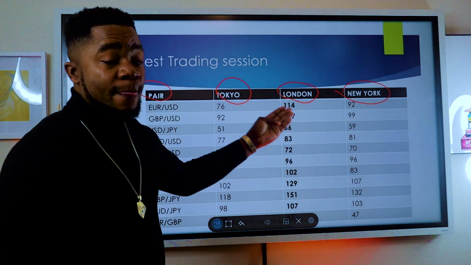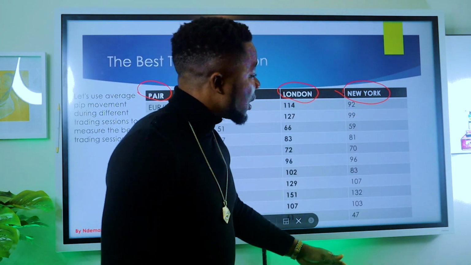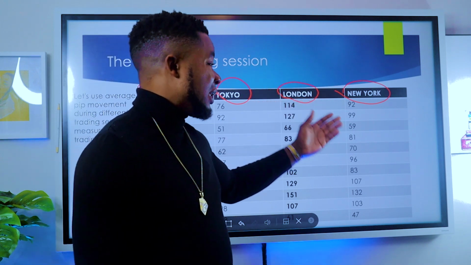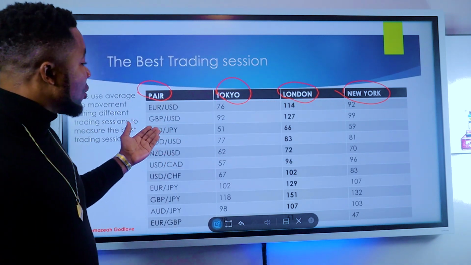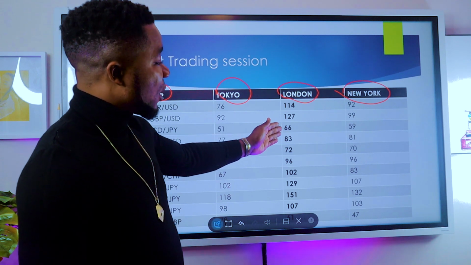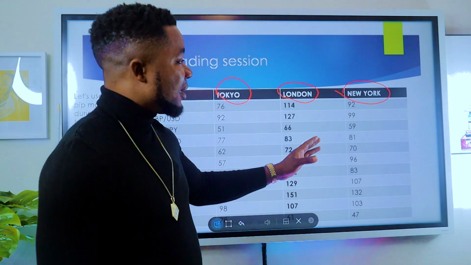The London session is 114 pips, and the New York session is 92 pips. The same thing goes for Great Britain pound: the Tokyo session is 92, the London session is 127 pips, and the New York session is 99 pips.